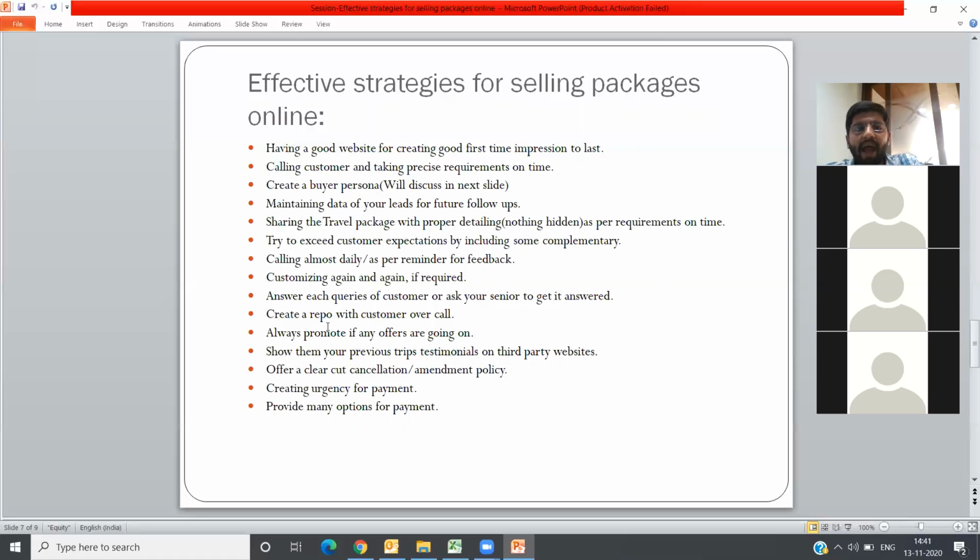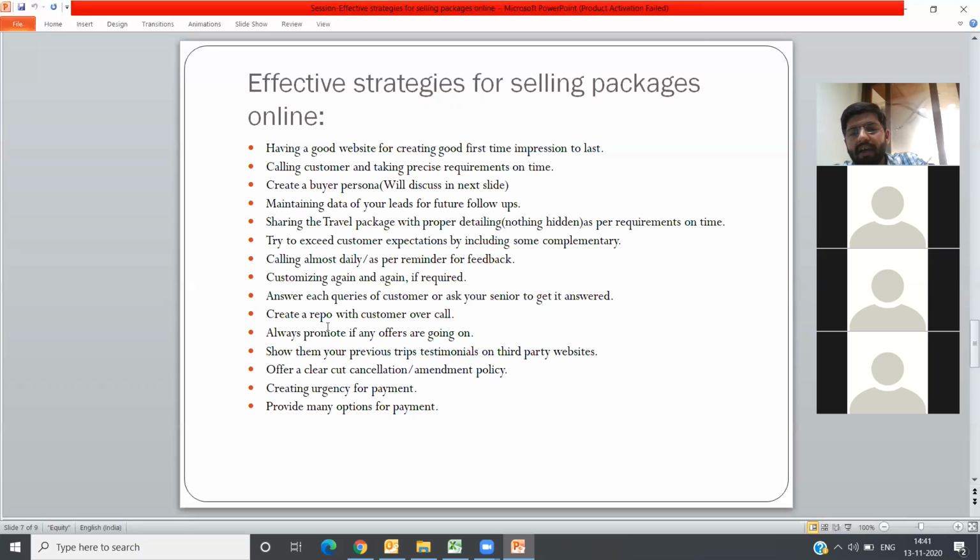First of all, having a good website that creates a good first impression is the most important thing. When a customer is coming, they'll surely visit your website, so it should have a soothing impact. You can check our website and compare it with the bigger companies. It is one of the best websites.